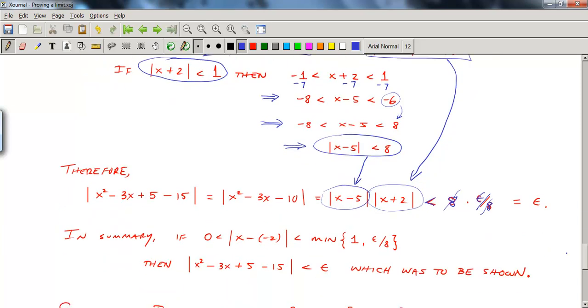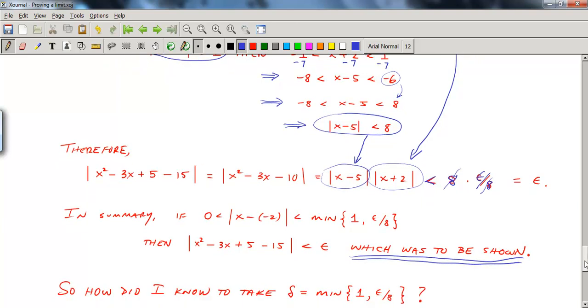And just to summarize, if 0 is less than the absolute value of x minus negative 2, which is said to be less than delta, chosen to be the minimum of 1 and epsilon over 8, then it follows, as we just demonstrated, that the absolute value of f of x minus 15 will be less than epsilon, which was to be shown. Make sure you make that statement.